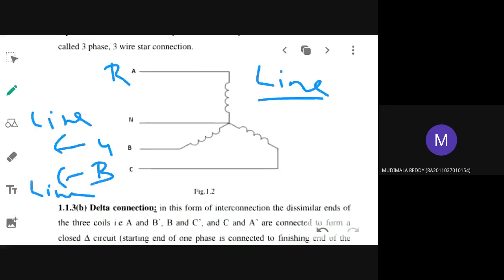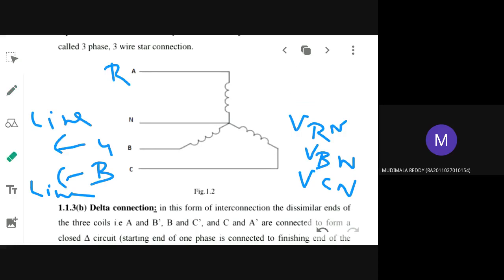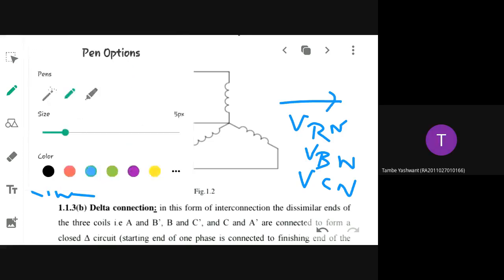So if I am indicating VRN, VBN, VCN, all are called as phase voltages. Line voltage is line to line voltage; let us stick to phase.